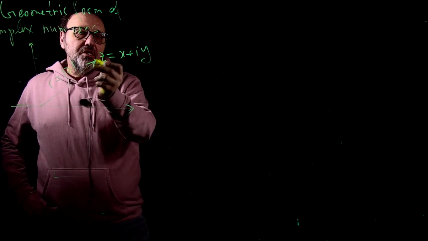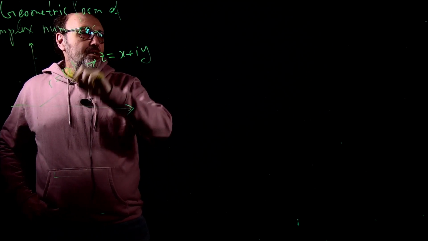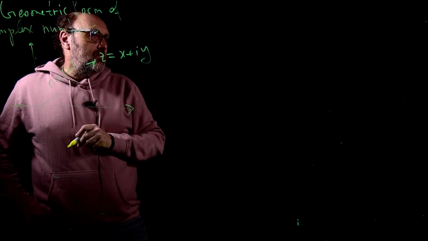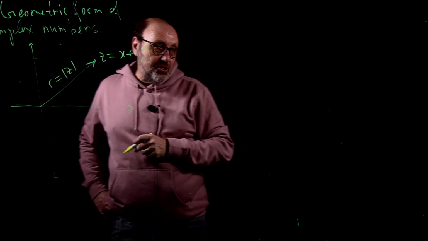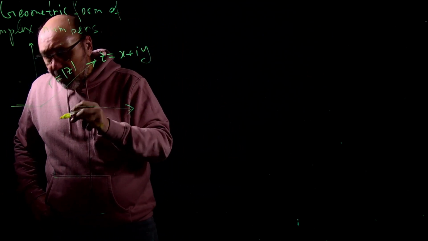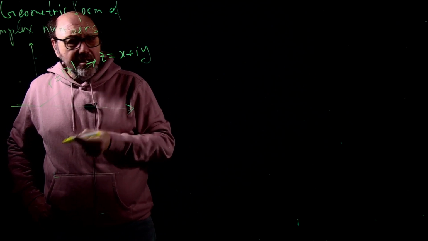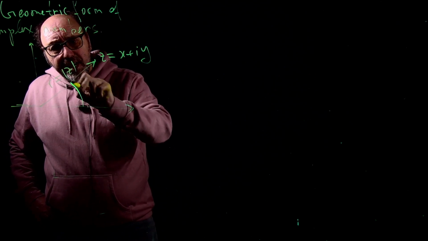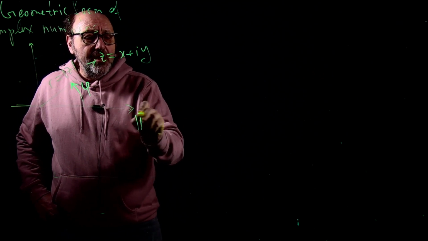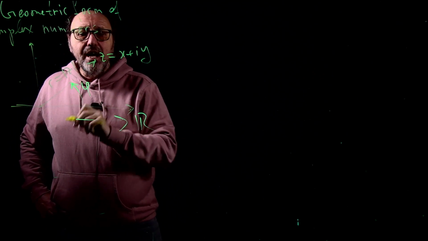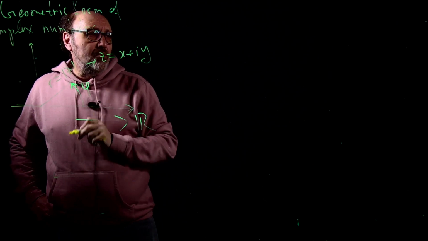All points with the same modulus run over the circle of the radius r. So if we would like to precise the position of point z, we have to add an additional parameter. Traditionally, this is the angle phi between the positive direction of the real axis and the direction of the vector z.